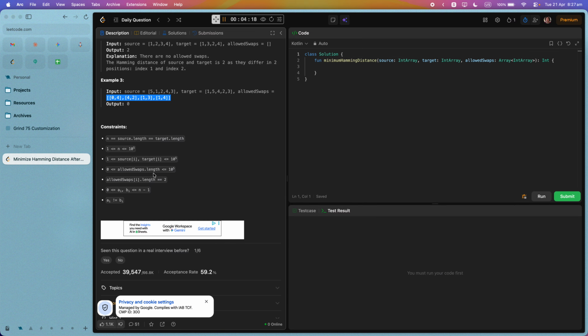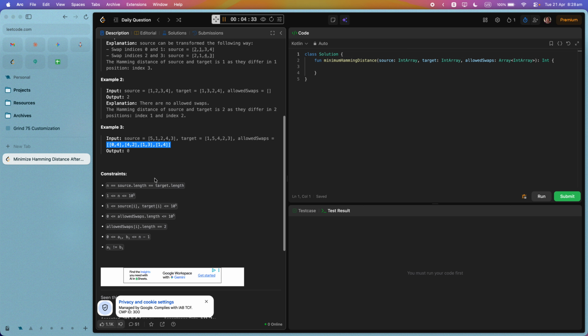Allowed swap can be 0, okay, and the length of allowed swap will be 2, and the two indices are not equal and in between, so that's good. Okay, makes sense.